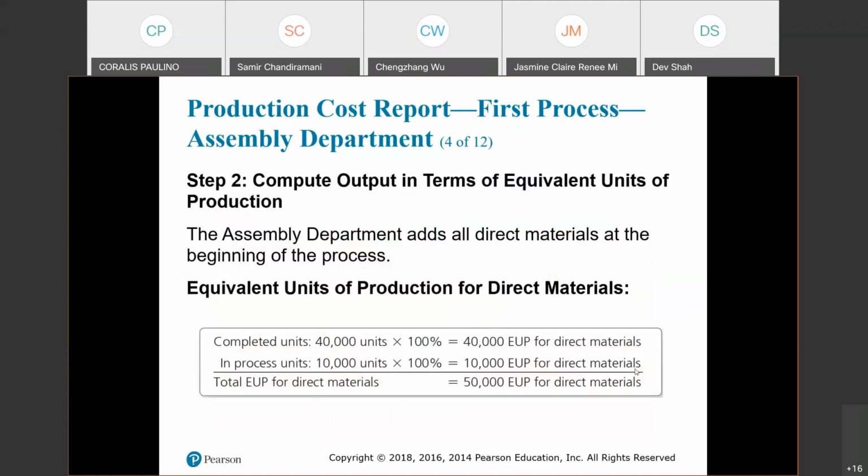The second step was to compute the outputs in terms of equivalent units of production.